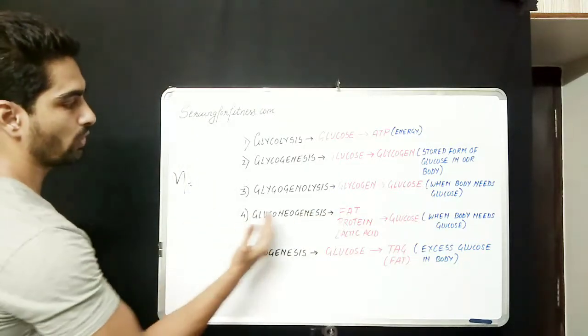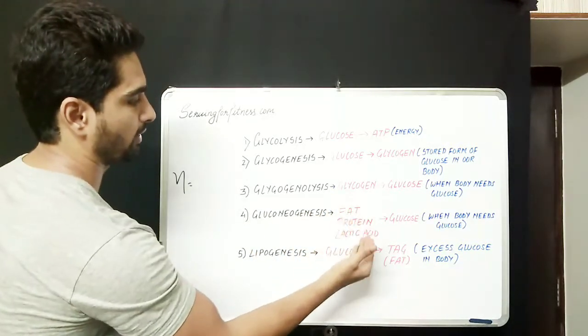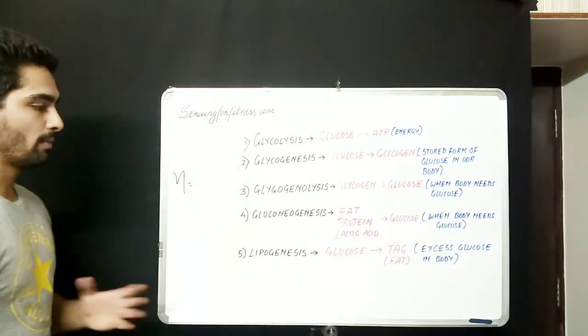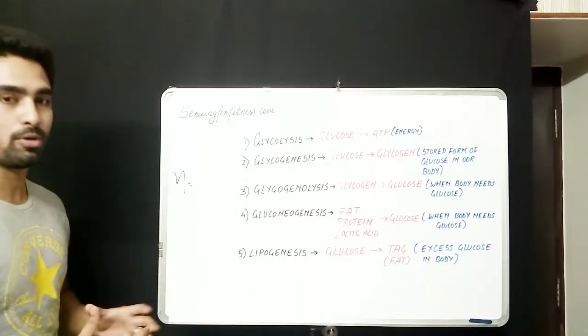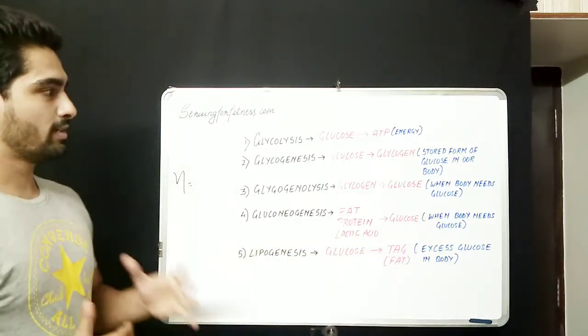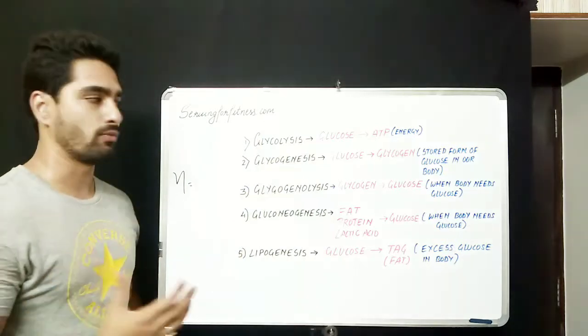We learned about gluconeogenesis, that is formation of new glucose from fats, proteins, and lactic acid, when a body needs it. Then we learned about lipogenesis, that is formation of fats from glucose. So now we understand how our body regulates glucose and what's the importance of glucose in a body.